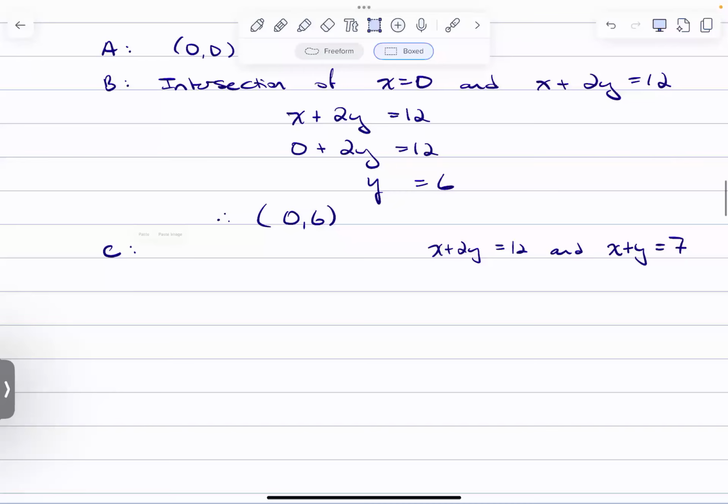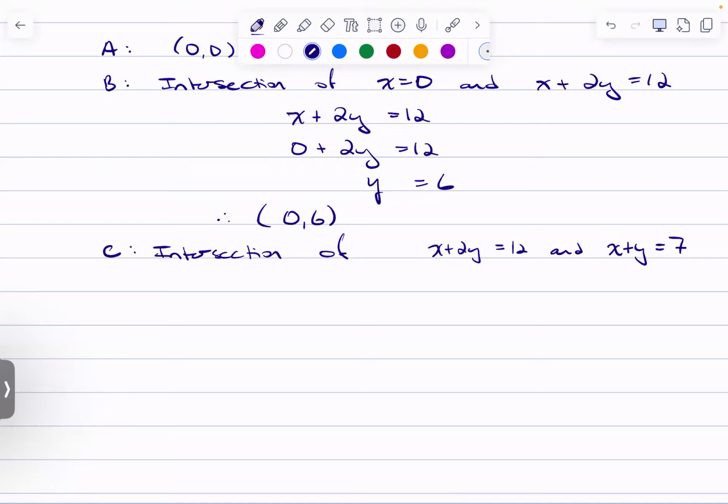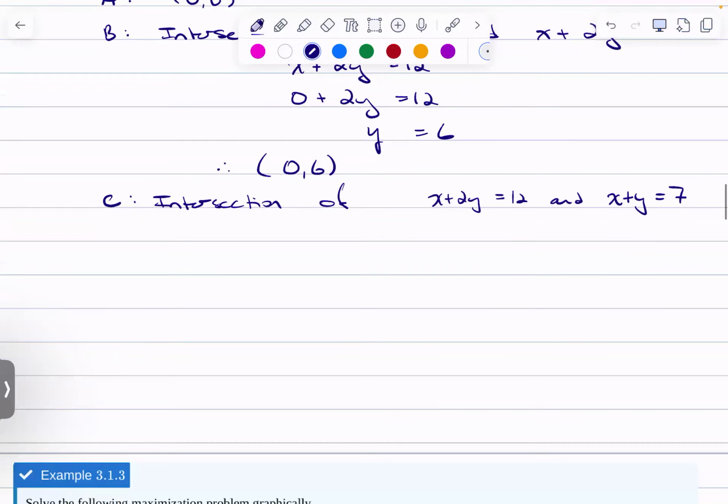And it's the intersection of those two lines. It's up to you how you want to find that intersection. You want to use elimination. There is kind of a nice option, right? You can eliminate your x's. I'll use substitution just because I like it.